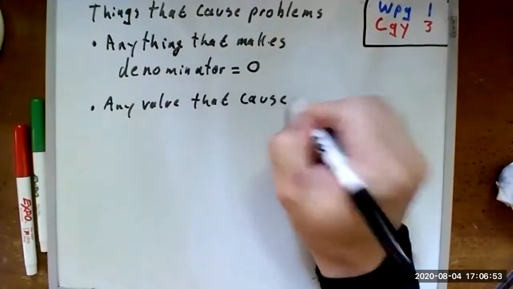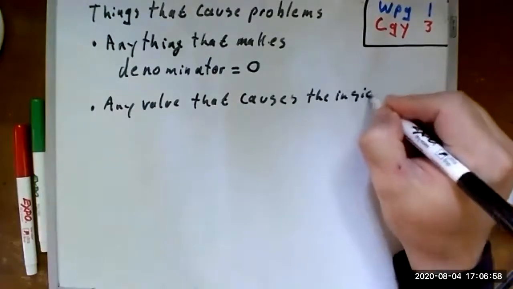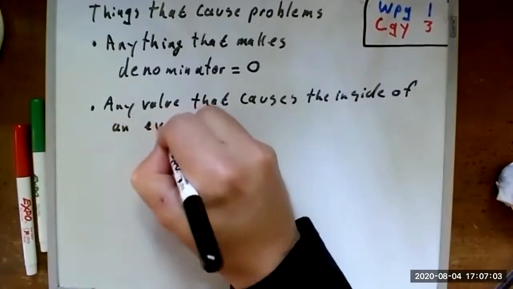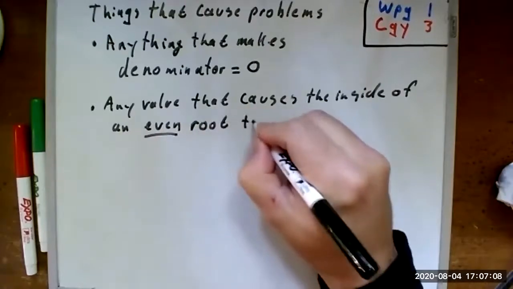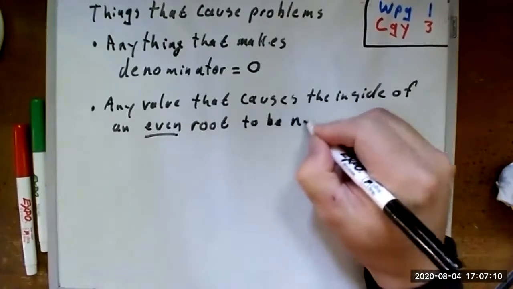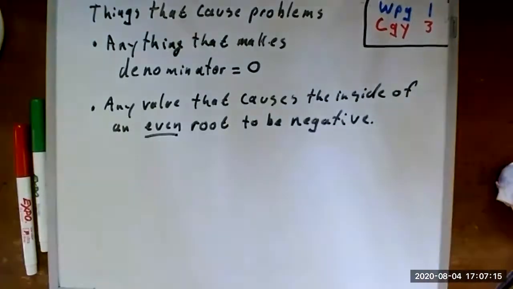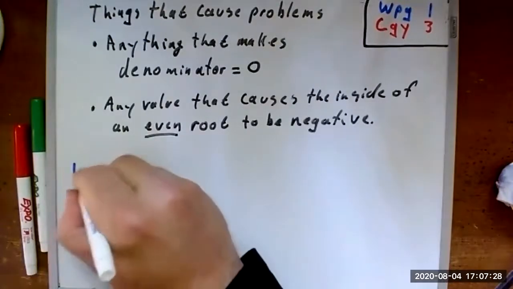Another place where we have problems is any value that causes the inside of a root, and I will be specific, an even root, to be negative. And we'll take a look at two possibilities there.